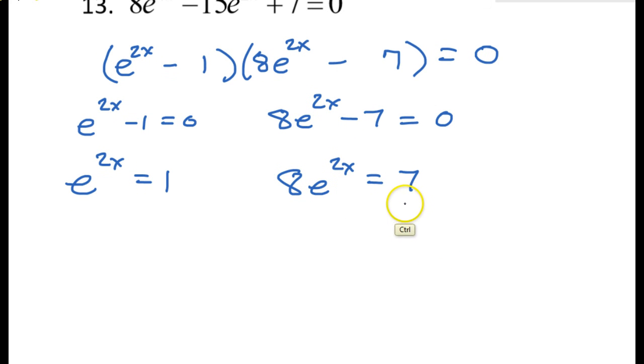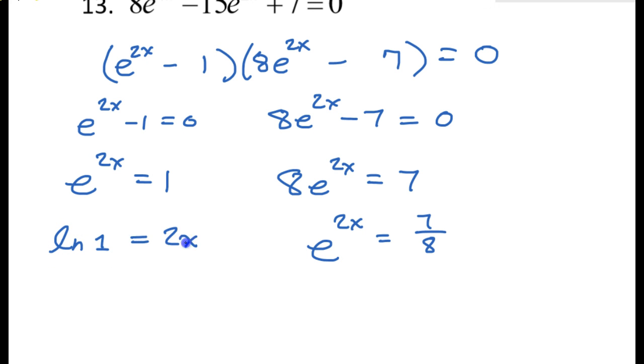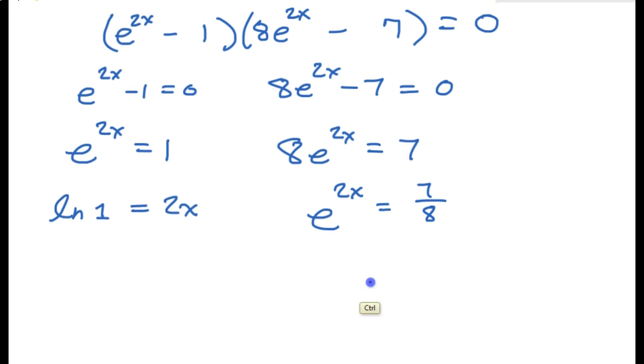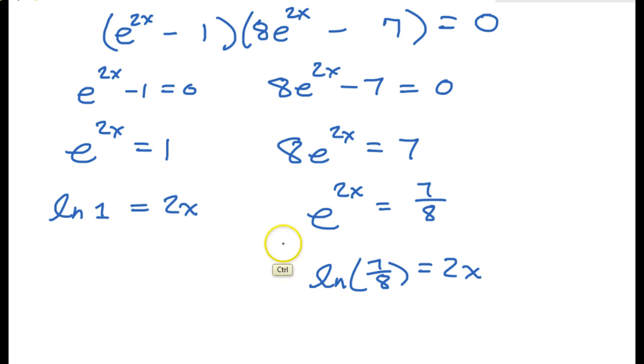Dividing both sides by 8, this will be e to the 2x is equal to 7/8. Rewriting this in log form, this would be natural log of 1 is equal to 2x. And this is going to be natural log of 7/8 is equal to 2x.